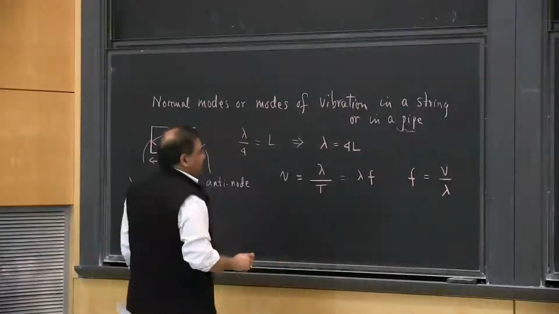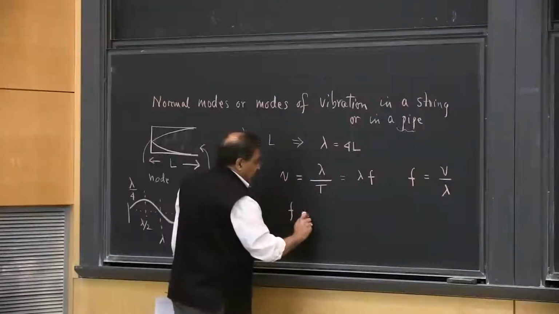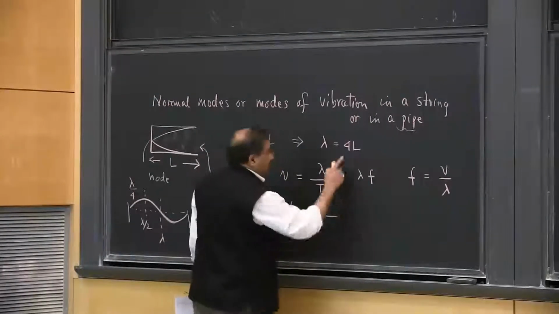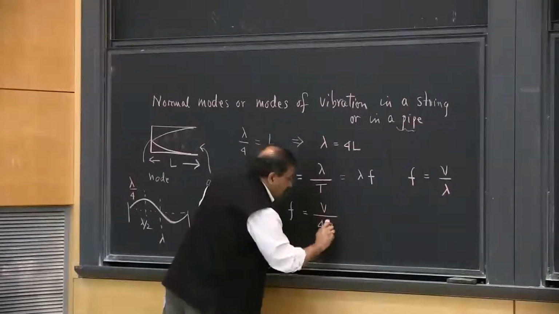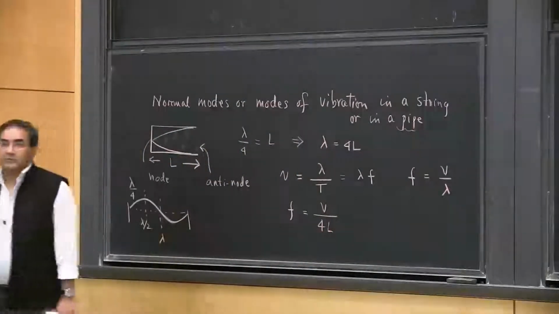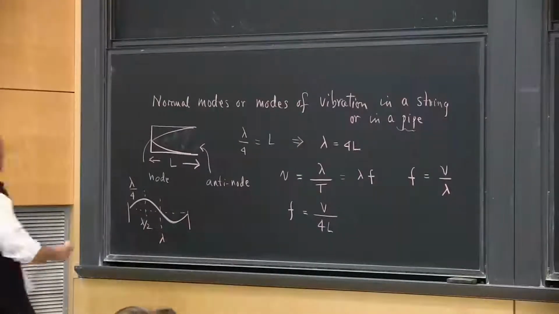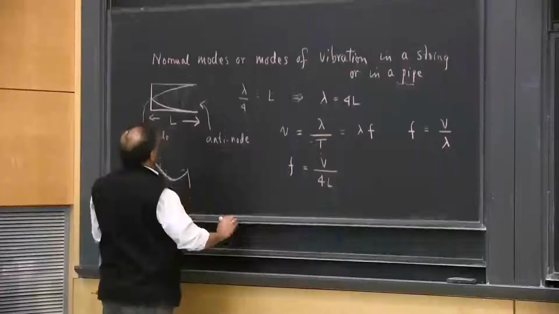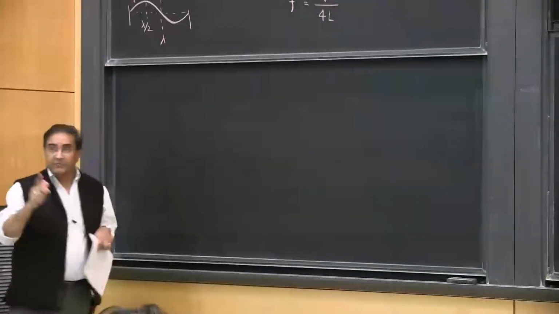But lambda in this case is 4L. So that would be your frequency, v over 4L. Okay? So it's very simple. That's the lowest frequency you can have.